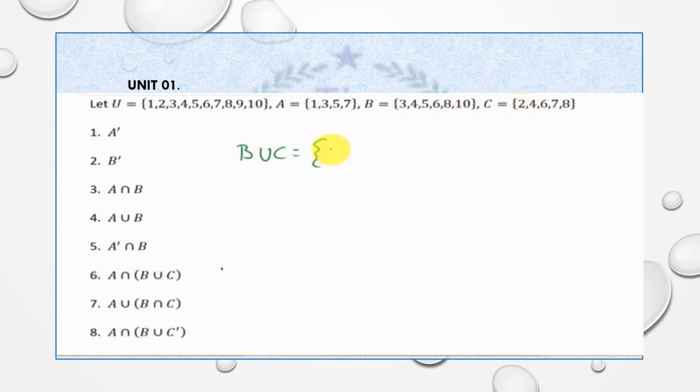So we've got 2, 3, 4, 5, 6, 7, 8, and 10. That's all the elements from both sets combined into one. And yes, they both have a 4, but you only write it once. Don't write it twice. So there's B union C.